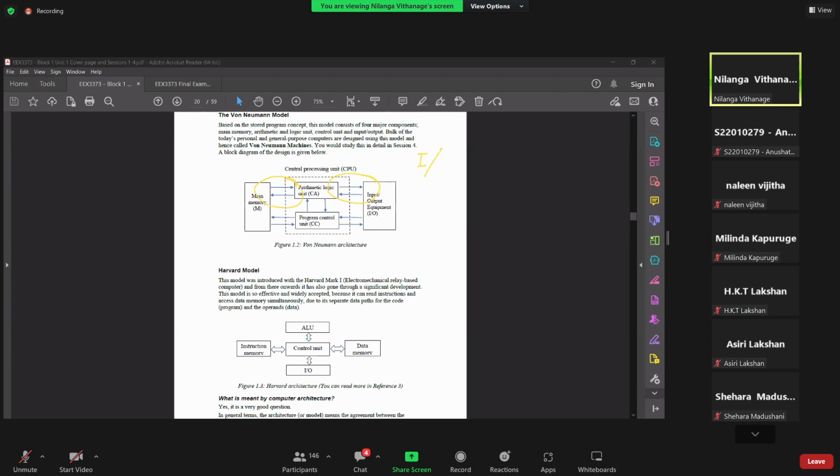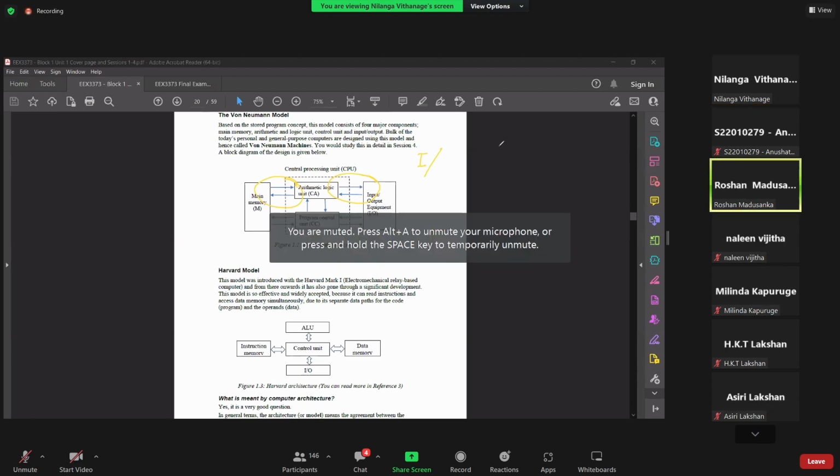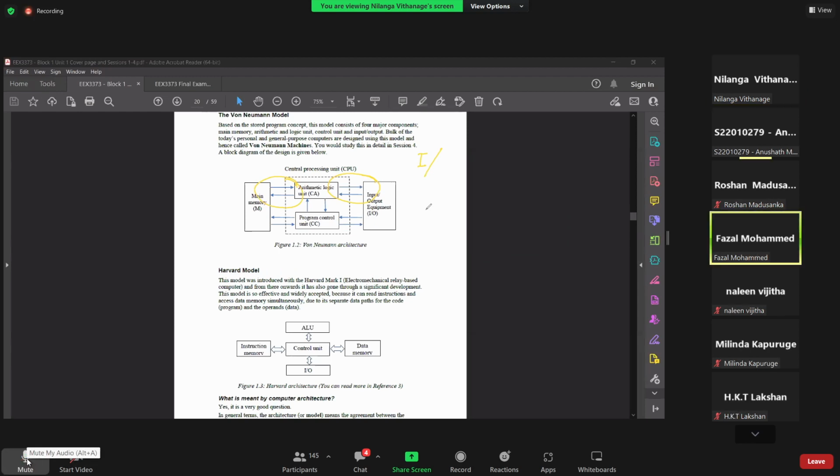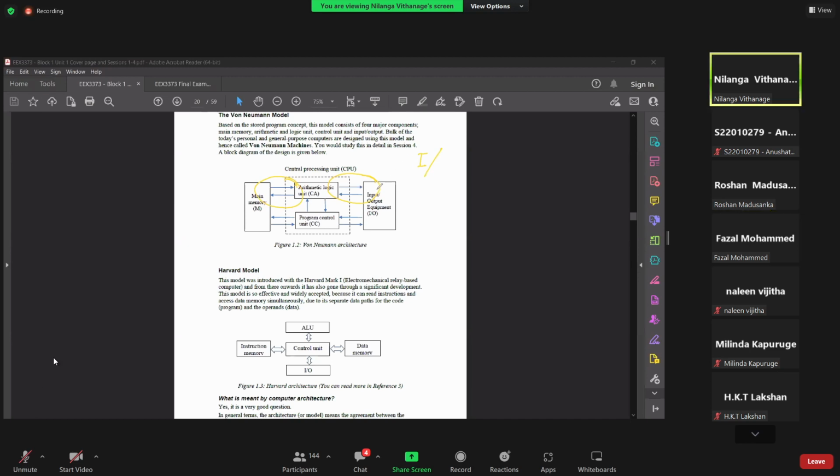Can you give me a few examples for input and output units? Input devices, mouse, output devices, printers. Okay, what is the main output device? The screen. Yeah, monitor. That's right.